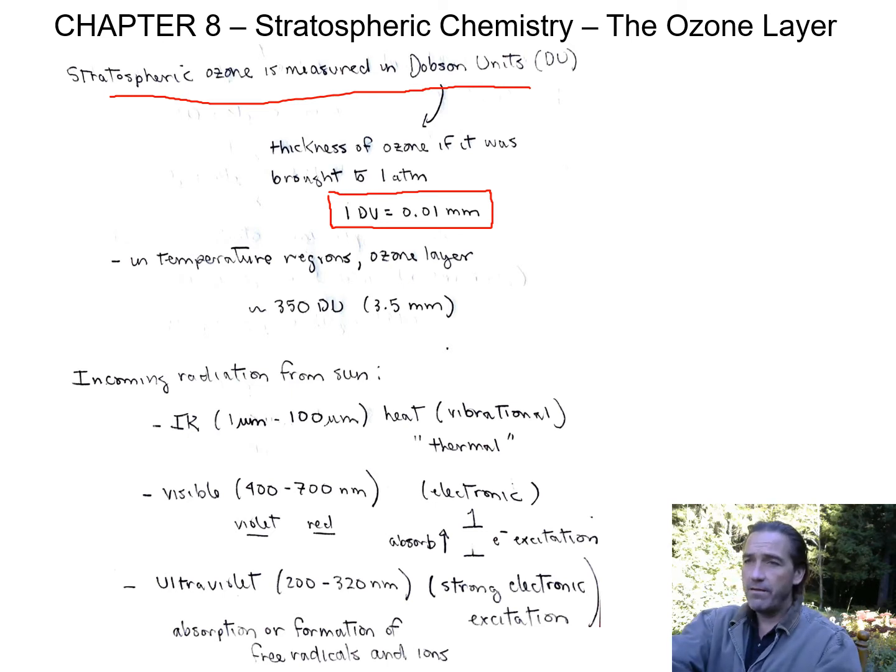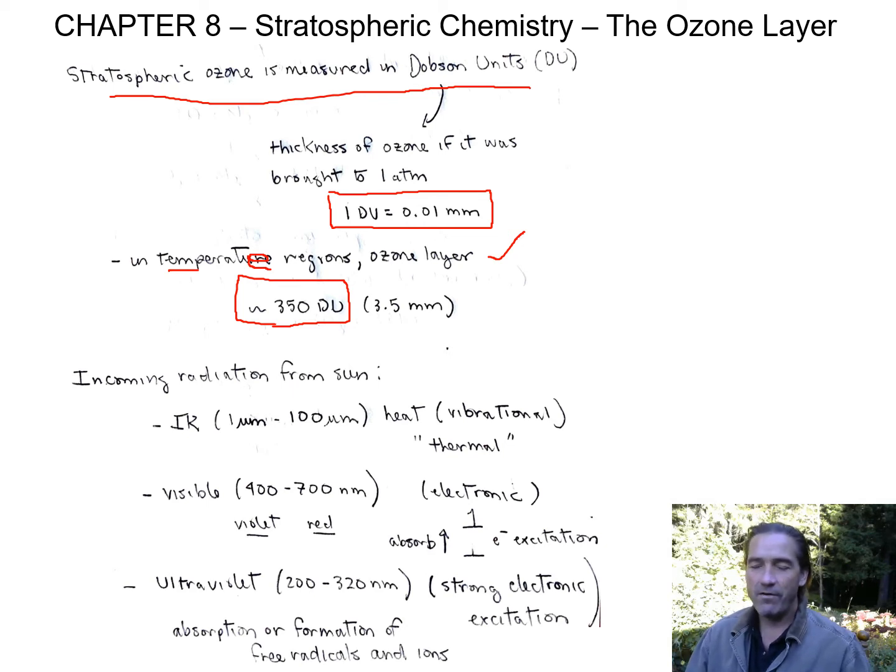To put that in perspective, the reason they do this is to get a nice round number that you can relate to. If you're in a temperate region, the ozone layer is about 350 DUs, or 3.5 millimeters.